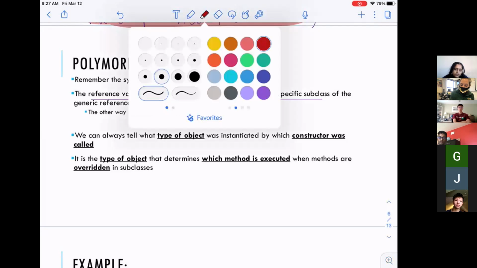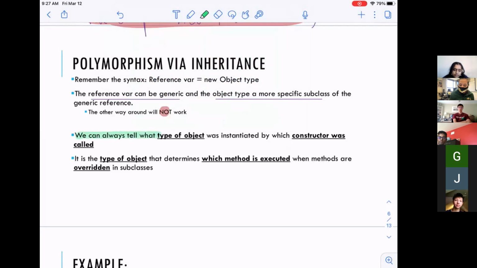And then it's also important to realize that we can always tell what type of object was instantiated by which constructor was called. Okay, and this is our constructor, the part that's after the word new. And this last part is super duper important. The type of object determines which method is executed when methods are overridden in the subclass.